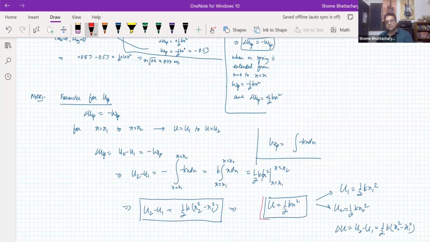This is the expression for the elastic potential energy of a spring as a function of x, the state of the spring.